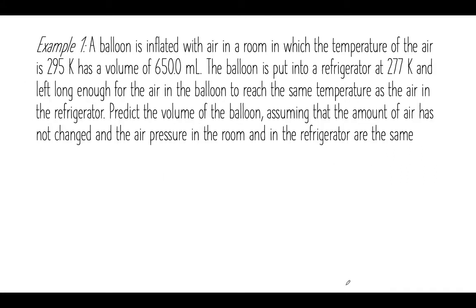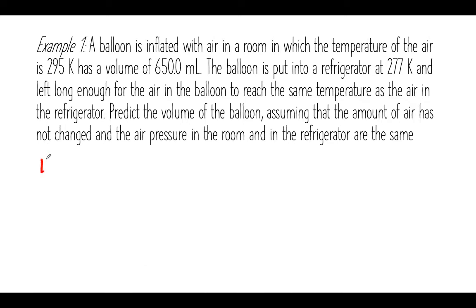So let's take a look at some calculation problems to solve using Charles's law. Just like we did in our video with Boyle's law, we're going to write down all of our variables, and that's going to help us identify what we're solving for. So in this question, they're saying that the balloon is inflated in a room, which the temperature of the air is 295 Kelvin.